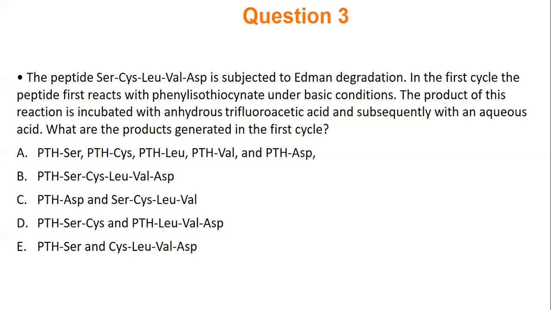I then incubate this with anhydrous trifluoroacetic acid, and then add aqueous acid. What do I make? Normally I would have a poll. The polls were not working today. I don't know what Zoom was doing, but is it going to be A, B, C, D, or E?